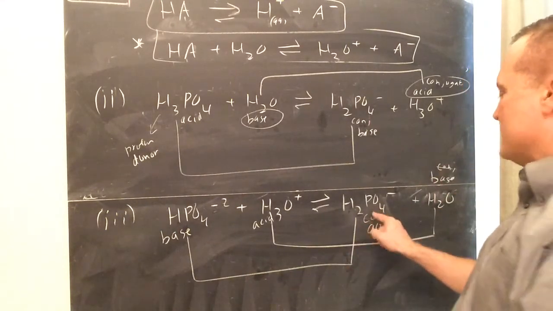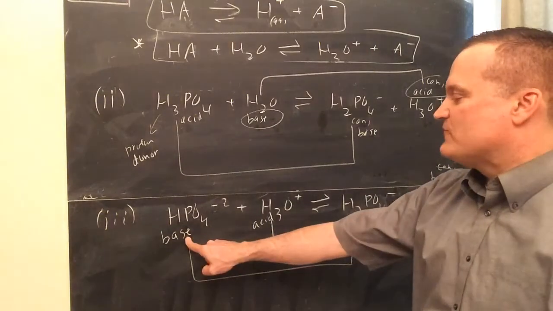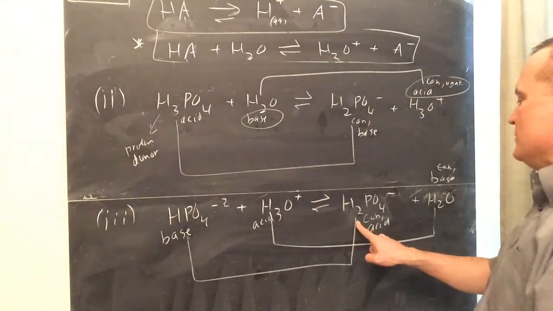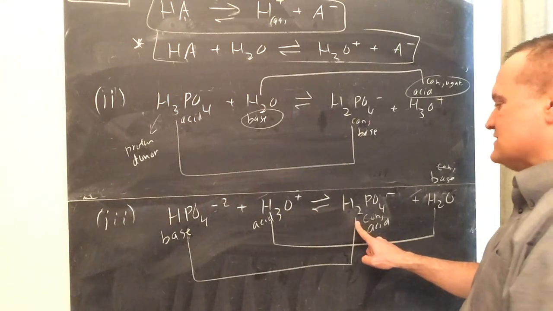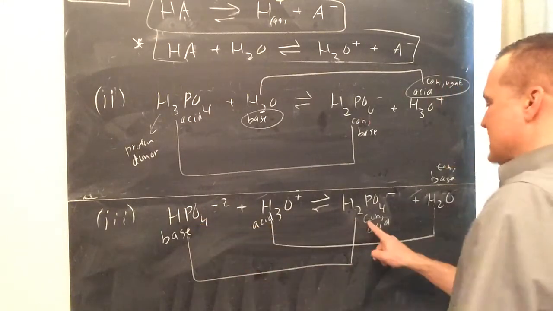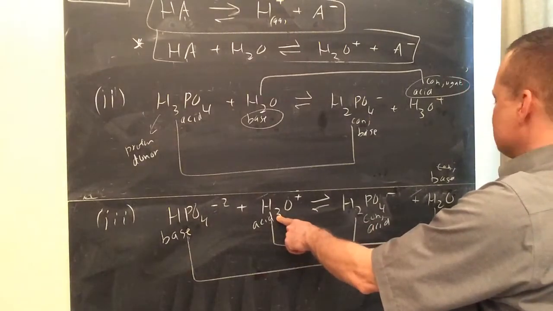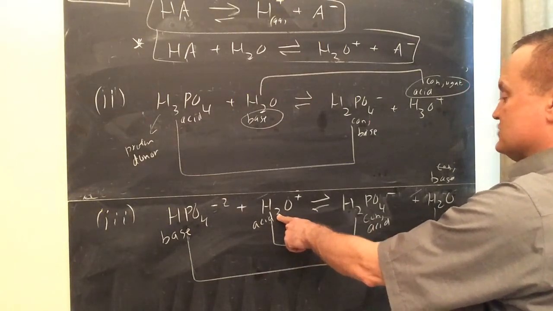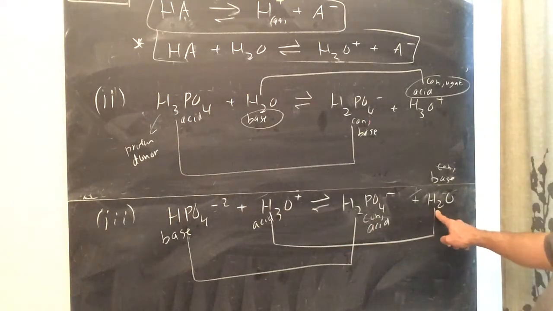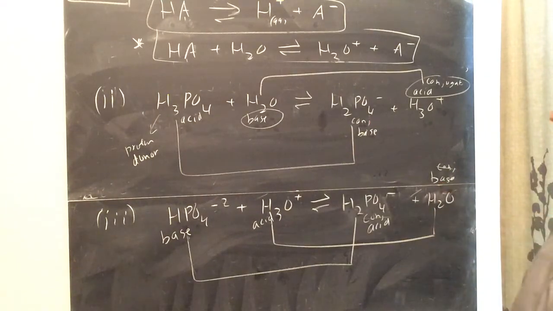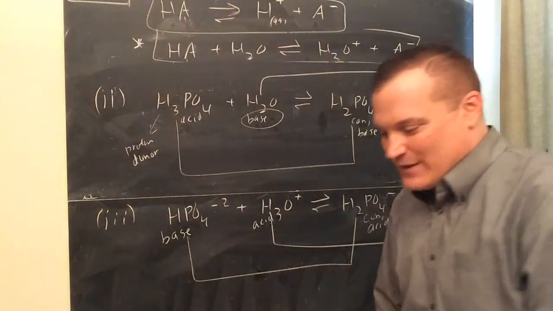You could just say HPO4 negative 2 and H2PO4 negative are conjugates. This is the base, and this is the acid. They're acid-base conjugates. H3O plus is the conjugate acid of the H2O base. So in this reaction, you can do it that way too.